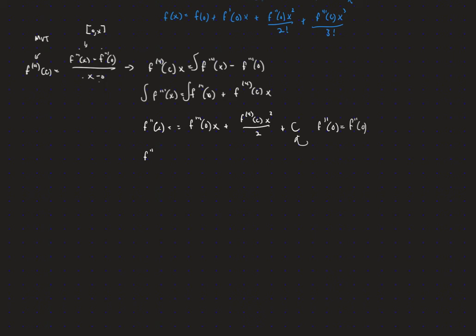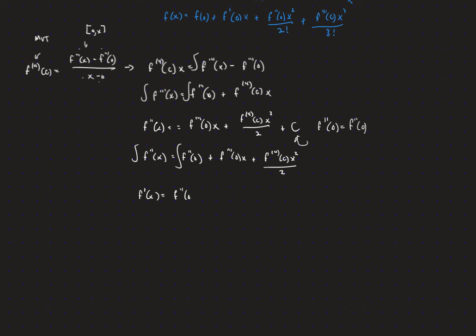So now we have f double prime of x is our f double prime of 0, that was our constant of integration, plus the third derivative at 0 times x, plus the fourth derivative at some unknown number c times x squared over 2, and we will integrate both sides. That will get us to f prime of x.